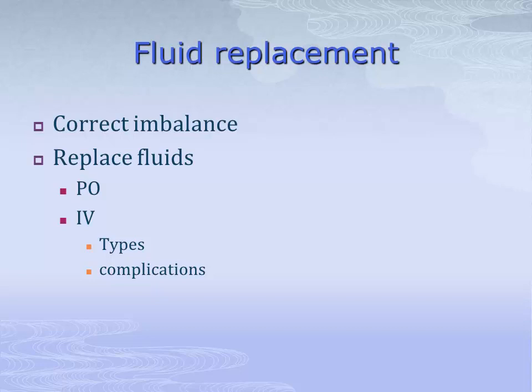Now when we're looking at IV fluids, we need to think about the types of fluids. When we're talking about types of fluids, we're talking about hypotonic, isotonic, or hypertonic. Now hypotonic fluids, remember, have less sodium. They're less concentrated than serum or plasma.